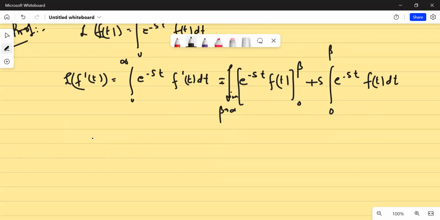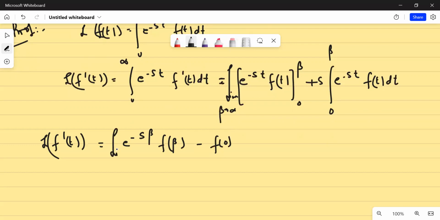Then what we'll do, so the Laplace transform of f dash t would be equal to, I think, e to the power minus s beta f(beta), minus e to the power 0 is 1, so this is f(0), and here you have, beta tends to infinity, this is plus s.